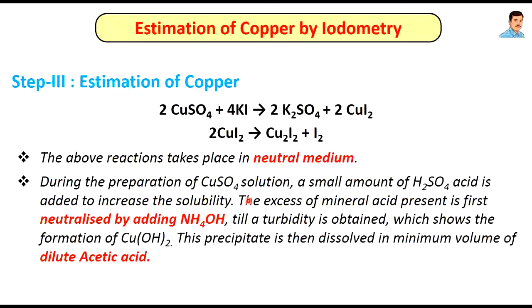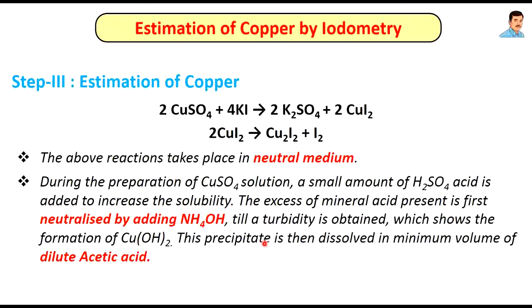So to neutralize the copper sulfate solution, during the titration, we add a little amount of ammonium hydroxide in the beginning so that copper hydroxide will be formed, leading to the turbidity, that is blue precipitate formation. This blue precipitate formation indicates basic medium. Now the blue precipitate is dissolved by adding slight amount of dilute acetic acid.